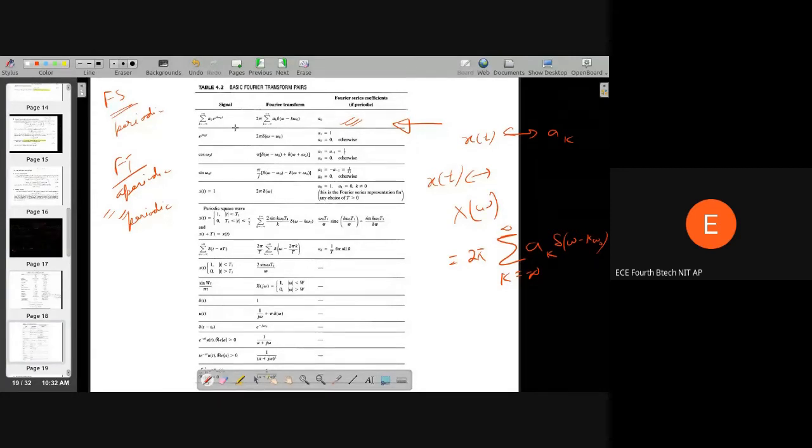This is the relation. So this is an important relation to know. It becomes very useful in many scenarios.